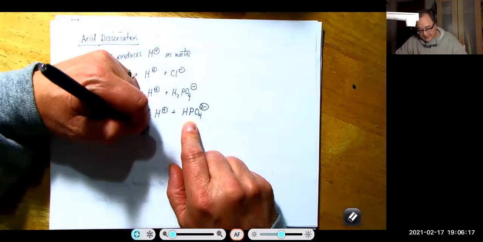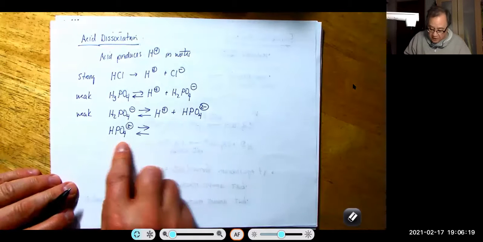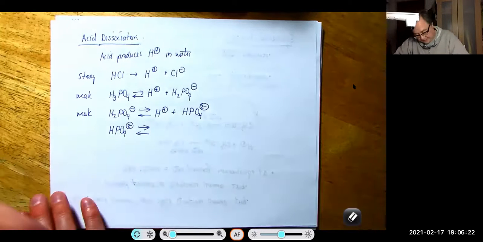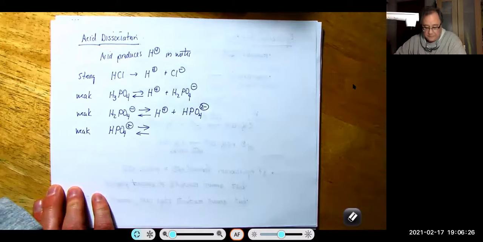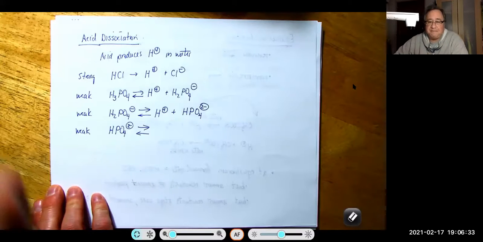So take a moment and take this weak acid and come out with the 2 products. When you're done, give me a little thumbs up. Okay.